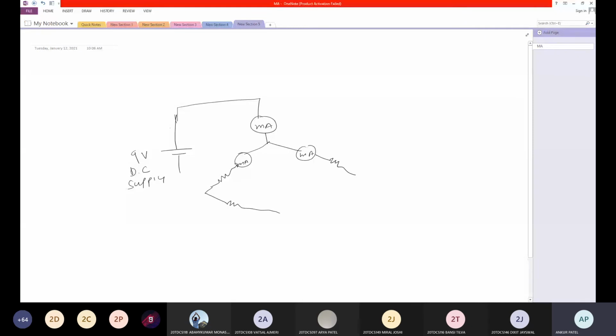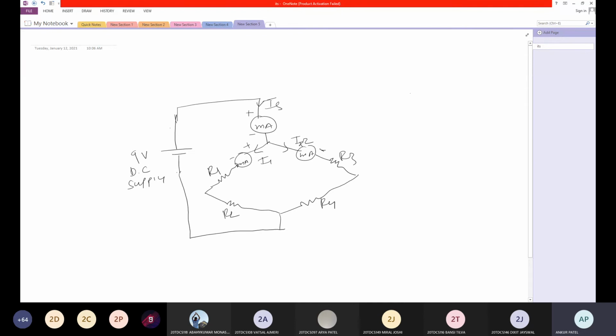According to KCL, this is my supply current IS. This is my branch current I1, branch current I2. This is plus minus. This is my R1, R2, R3, R4.